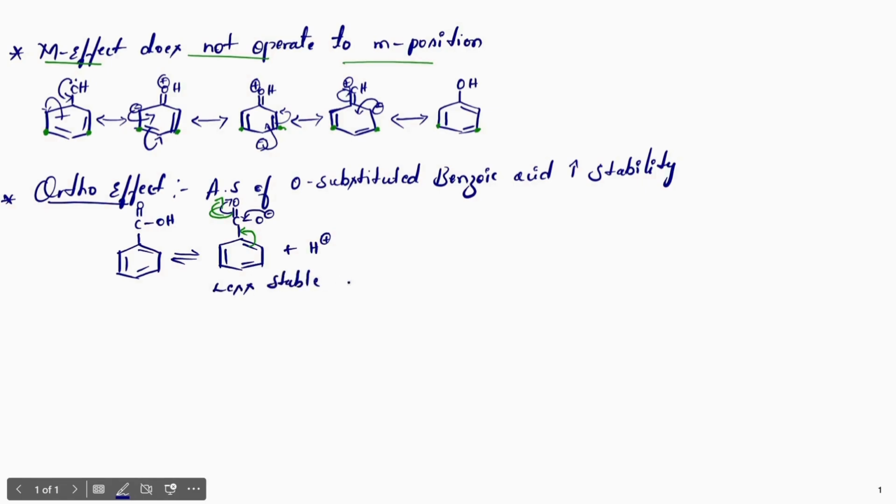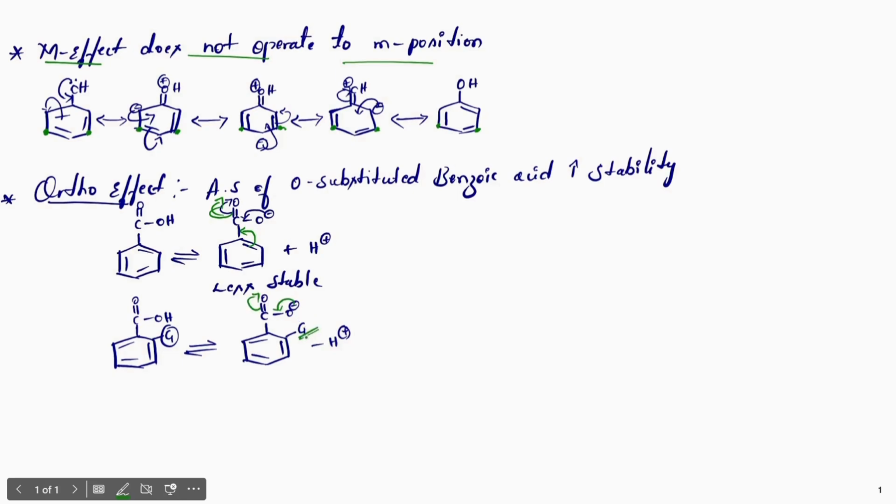We will see what if bulky group is present at ortho position. Again, benzoic acid, C double bond O, OH. At ortho position, bulky group G is present. After donating the proton, it becomes C double bond O, O minus plus H plus, and at ortho position, bulky group G is present.